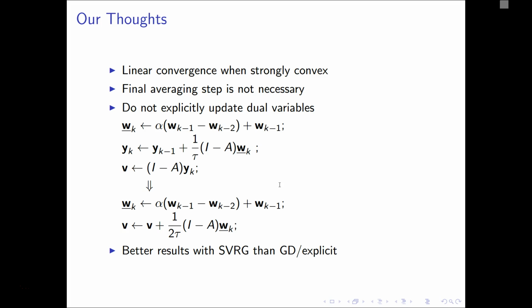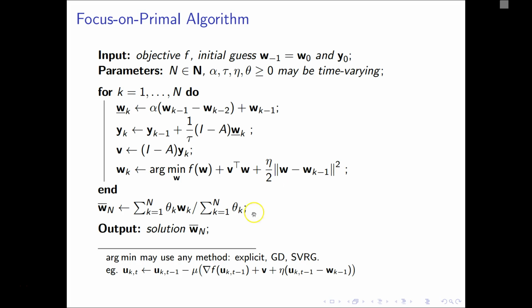We want to share some thoughts about this. First, you do observe linear convergence on this algorithm when your loss function is strongly convex, and that is exactly as we usually expect. The second is the final averaging step. Remember, this step is not quite necessary.